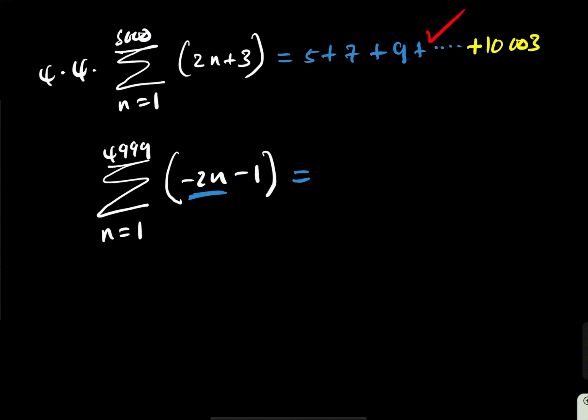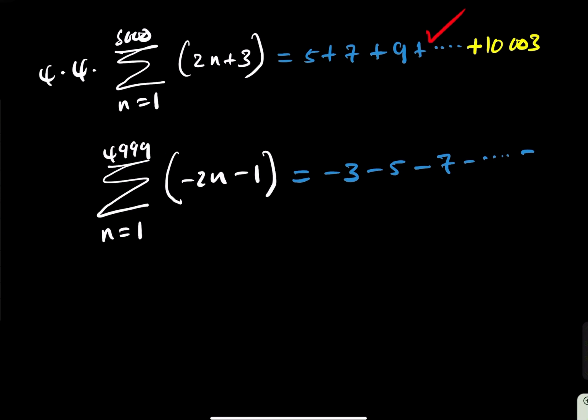If you put 1 here, it's going to be negative 3. If you put 2 there, it's negative 5. If you put 3 now, you get negative 7. And then you continue with that, up until you put that last one.